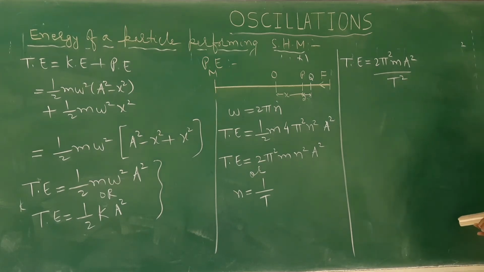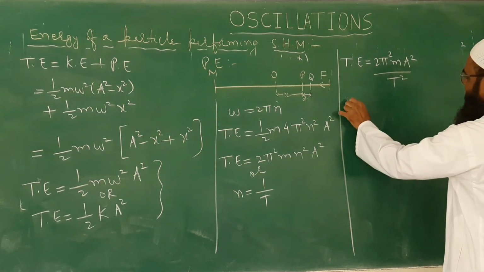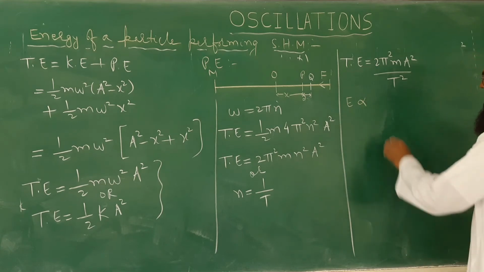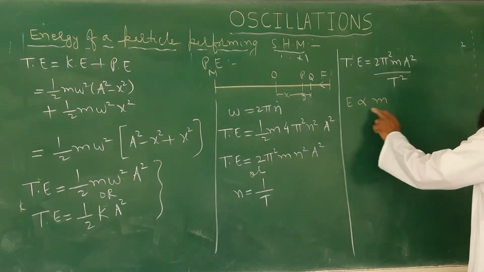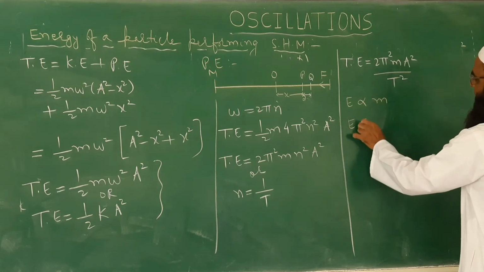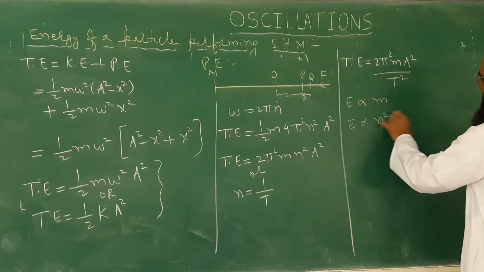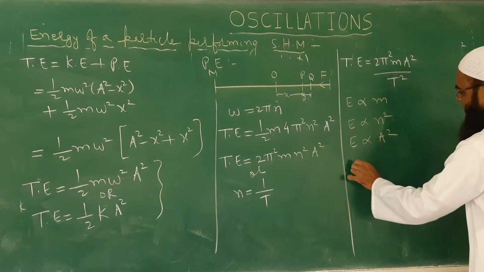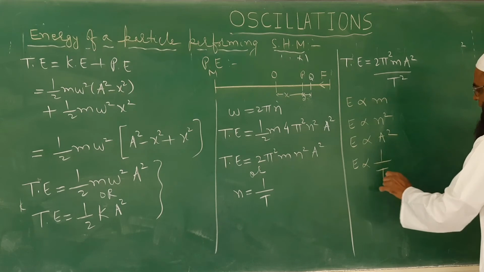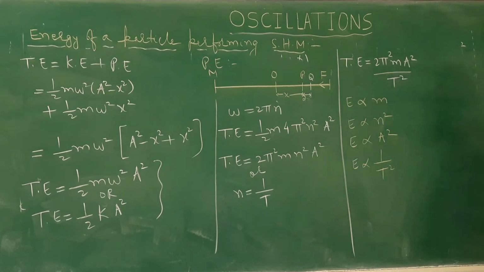From this we can prove that total energy is directly proportional to the mass of the particle, to the square of the frequency, to the square of the amplitude, and to the reciprocal of the square of the time period.